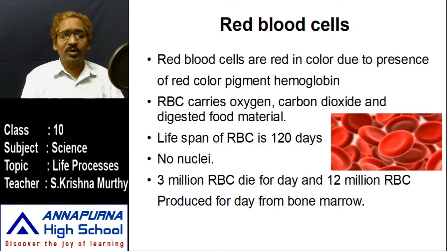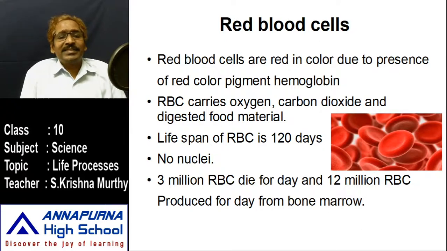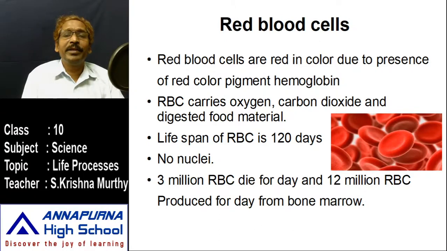So let us discuss red blood cells. Red blood cells are red in color due to the presence of a pigment, hemoglobin, an iron-containing molecule. This hemoglobin helps in the transportation of oxygen, carbon dioxide, digested material and waste material.